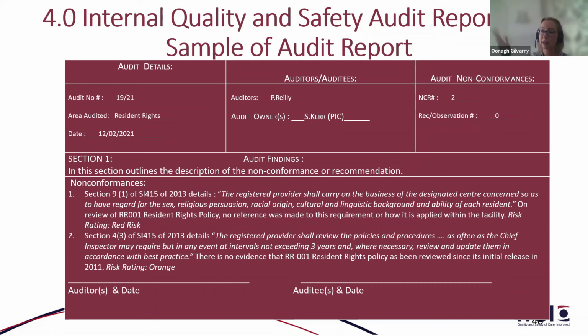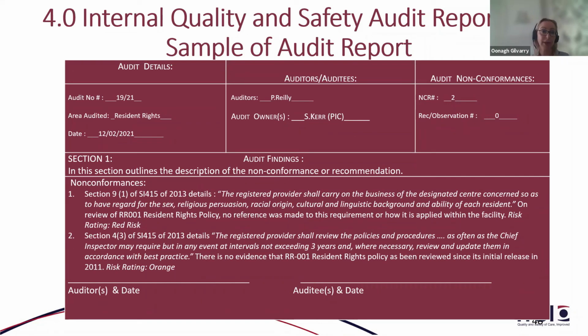So it was said that you have to review your policies every 3 years. We found in evidence that the RR001 residence rights policy has not been reviewed since 2011. And we risk rated that as orange. Okay, so that's the way ideally we want to try and present it: regulation, finding, risk rating.